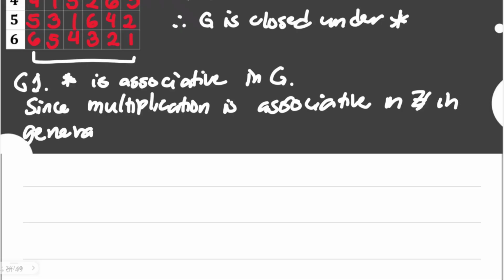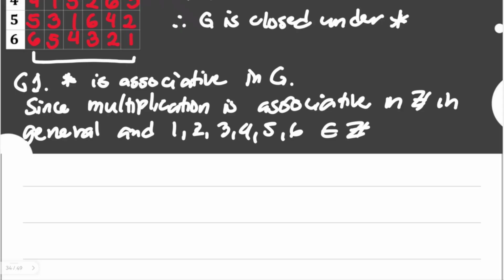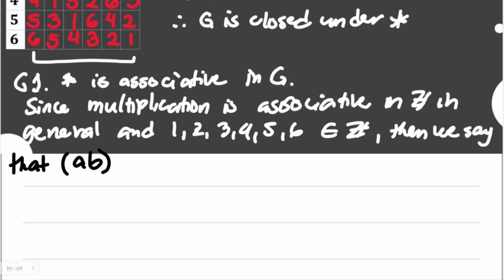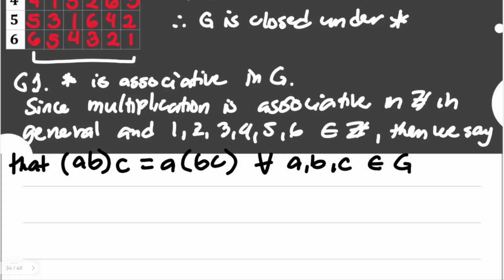I'm talking about Z in the meantime, and 1, 2, 3, 4, 5, 6 are also elements of Z. Then, just for the usual multiplication alone, we can guarantee that when we group A B times C, it is just equal to A times the grouping of B and C. That is for the usual multiplication, since they are all elements of Z. Now, this is also true for all A, B, and C elements of G, because all elements of G are elements of Z as well.